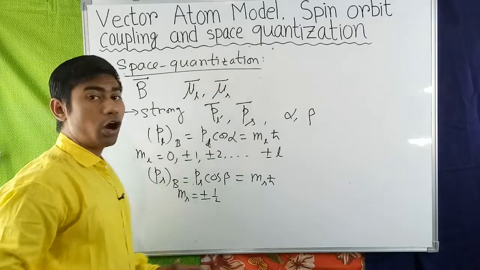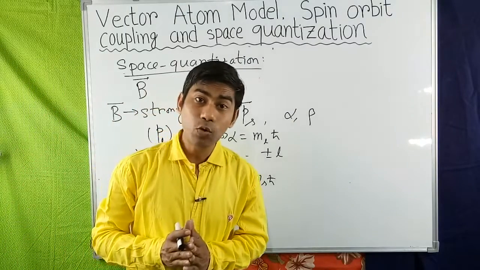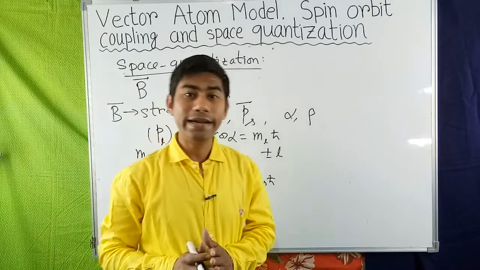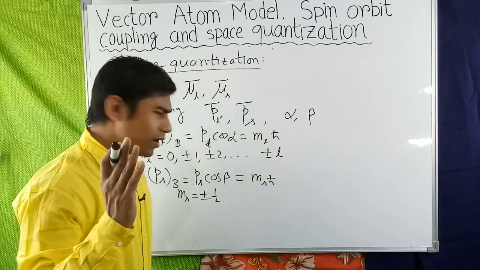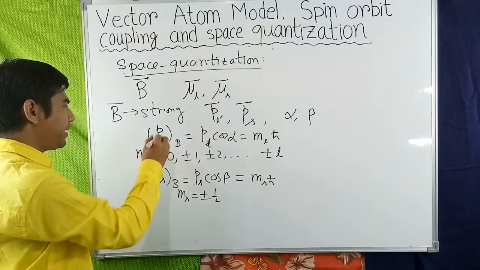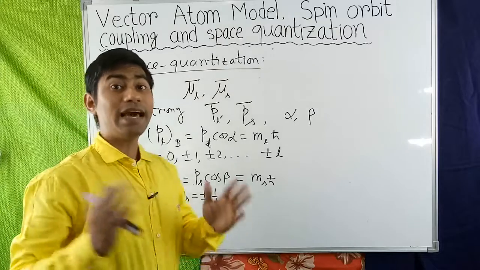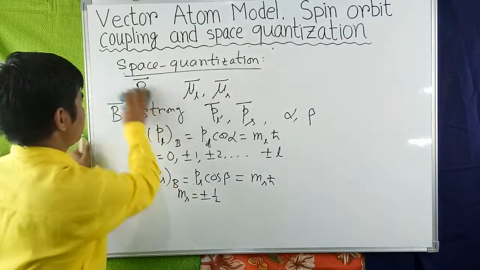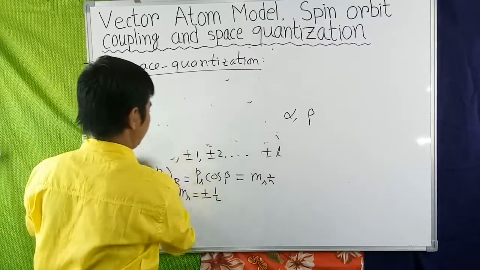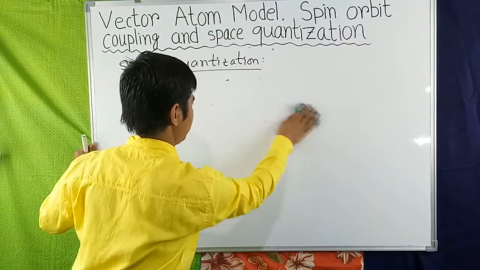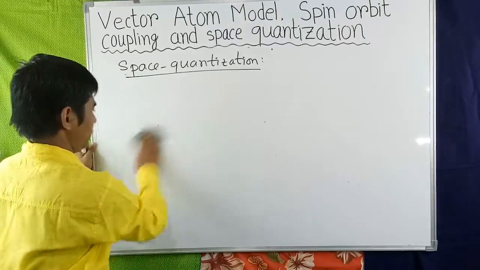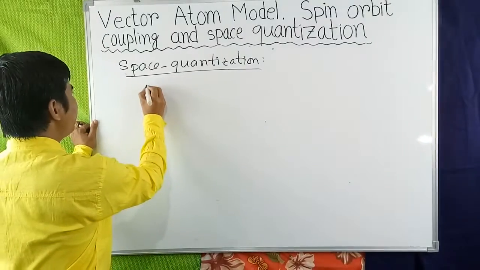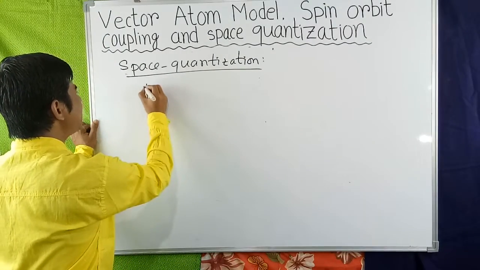Here ML is called the orbital magnetic quantum number and MS is called the spin magnetic quantum number. Now we draw the PL vector and PS vector and the angle each makes with the B vector. Suppose the magnetic field acts in this direction.